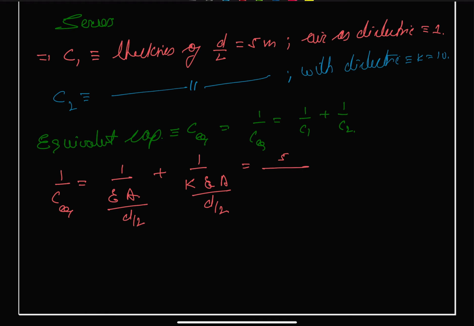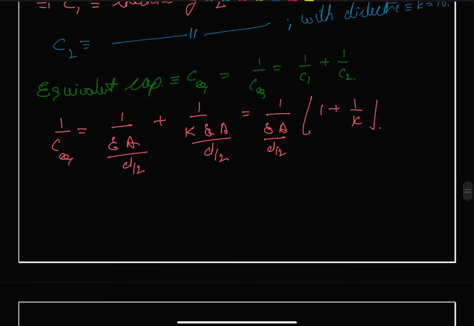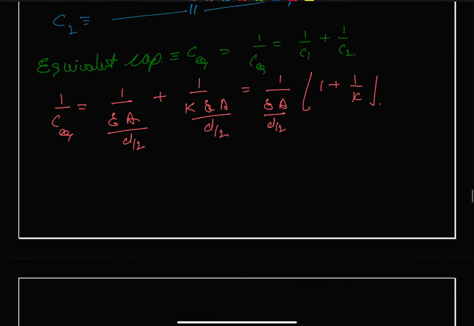Let me take d/2 and epsilon naught as common, much easier. We get 1 upon epsilon A, d/2 is common, times 1 plus 1 upon K. Substituting the values, 1 upon C equivalent is equal to d/2, which is 5, over epsilon, which is 8.85 into 10 to the power minus 12, times area 100, times 1 plus 1 upon 10.